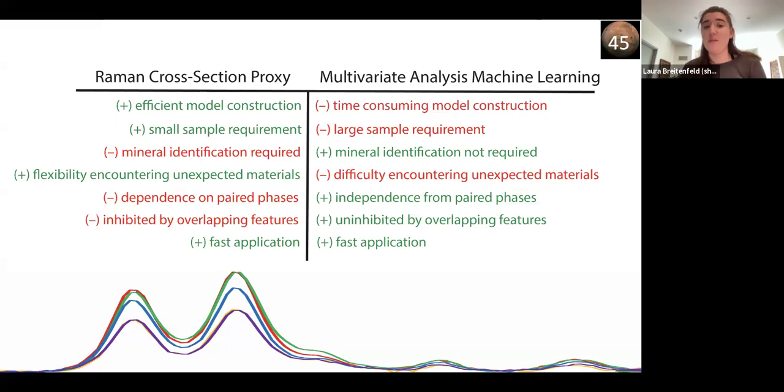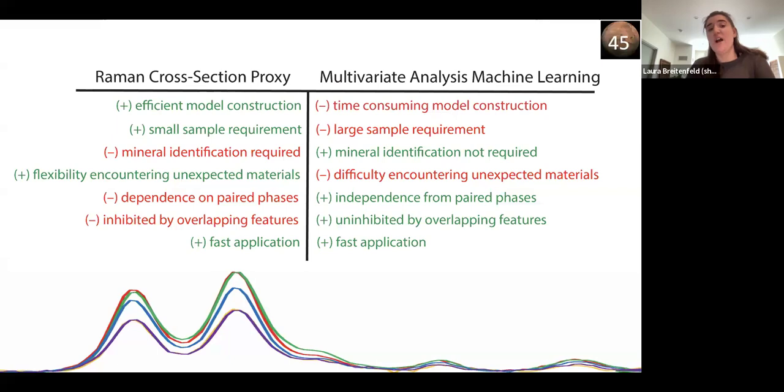So it is much more time consuming compared to the Raman cross-section proxy. Additionally, for the same reason, there's a smaller sample requirement for the Raman cross-section proxy method compared to the multivariate analysis method. A downside of the Raman cross-section proxy method is that mineral identification is required.